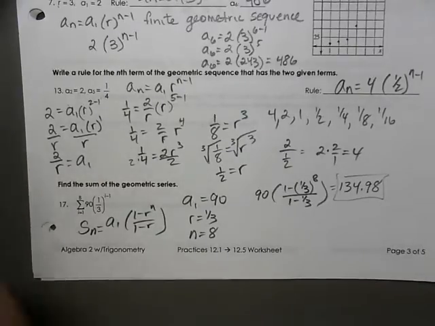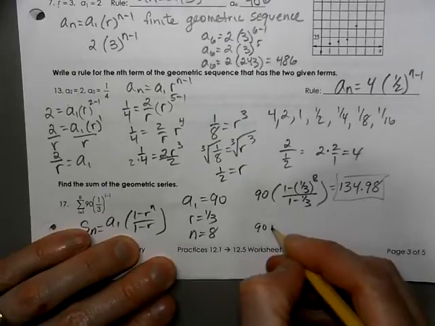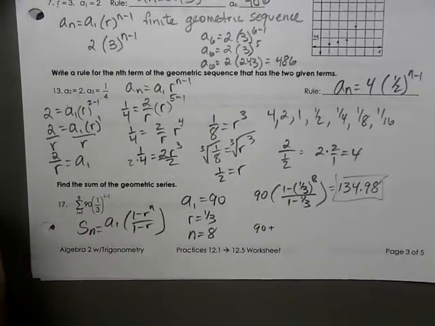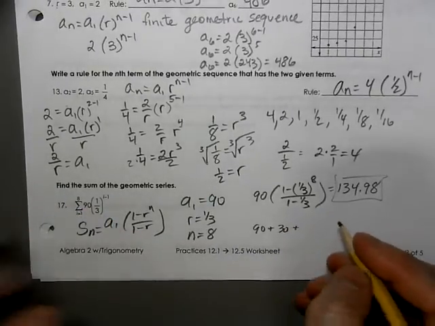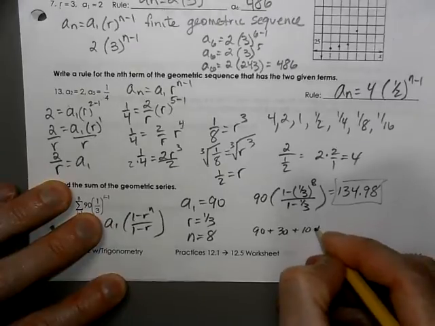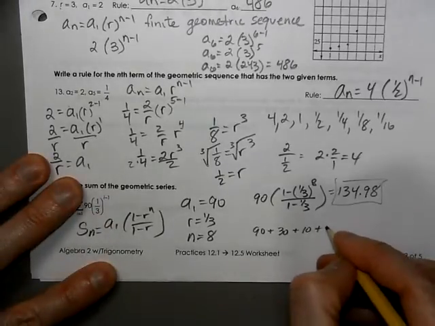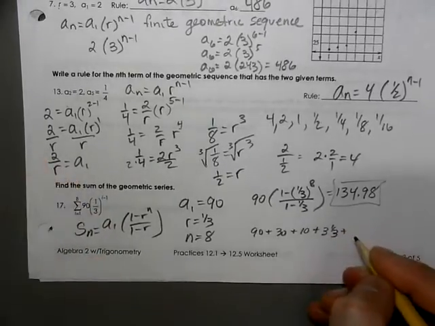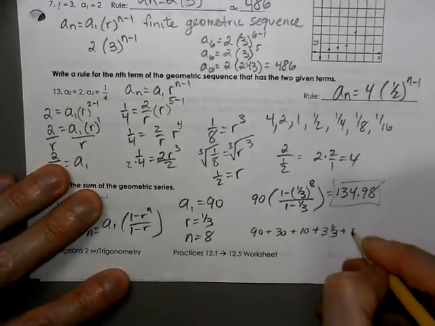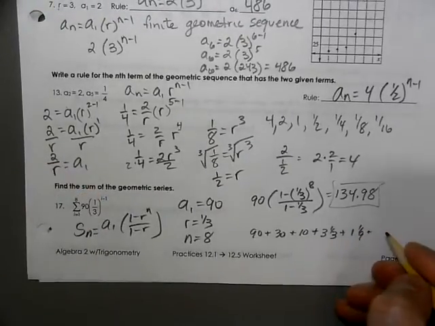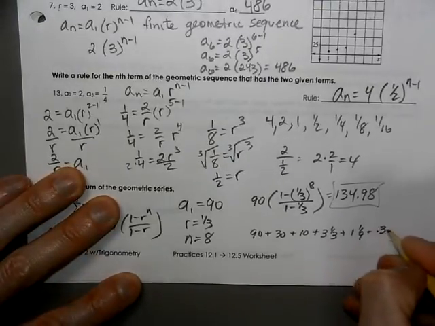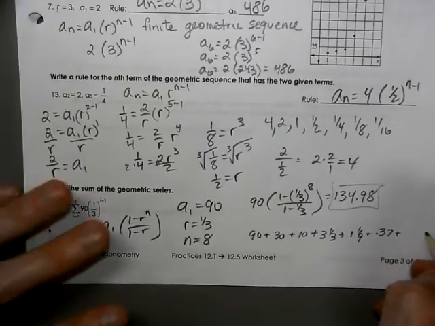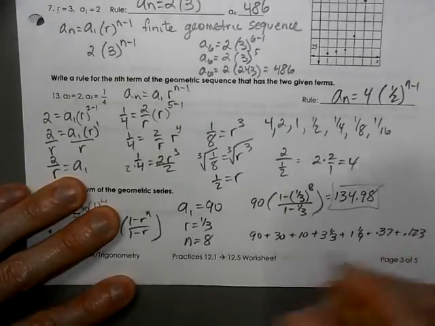So what that would be actually is taking our 90 and we are multiplying that by 1/3, and our 30, and our 10, and our 3 1/3, and our 1 1/9, and our 0.37, our 0.123.